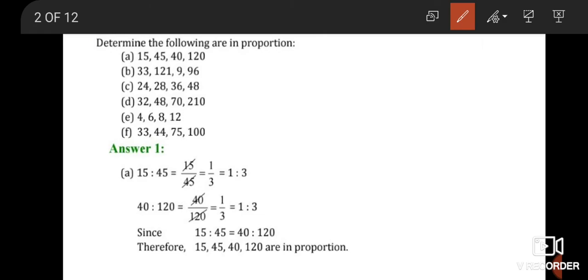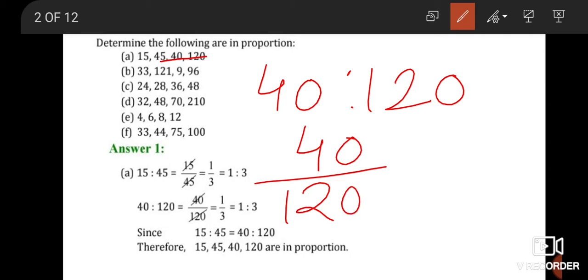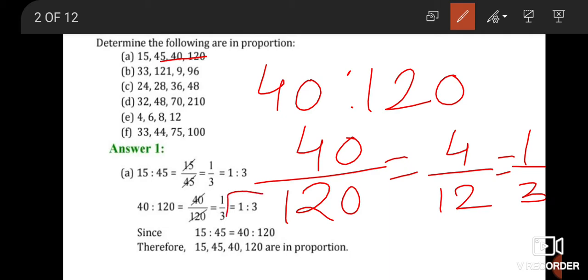the ratio between the last two numbers means 40 ratio 120. So it gives you 40 upon 120. Reduce them by 10, then you will get 4 upon 12. Then reduce them by 4, then you will get 1:3. Again 1:3.